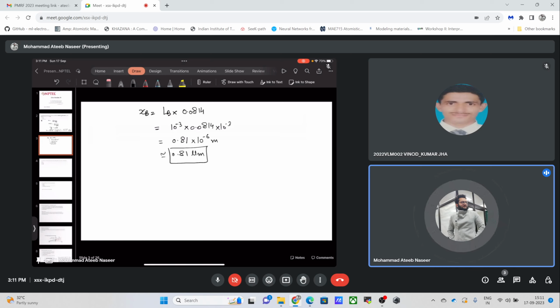So this is the value of this base width that we have been able to calculate.